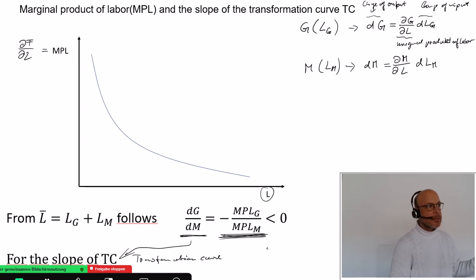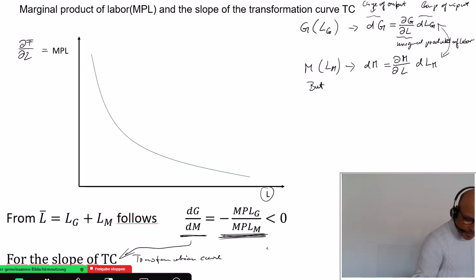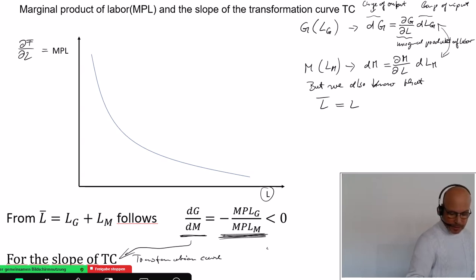But since labor is totally flexible, we have a dependence between these two. But we also know that the total amount of labor is just the sum of the two labor inputs.